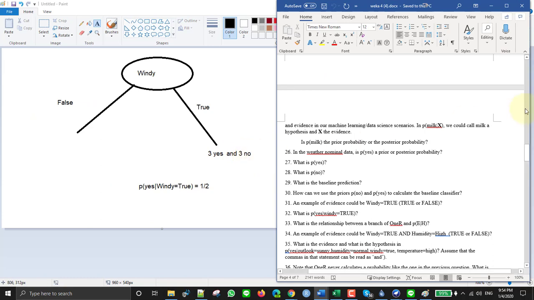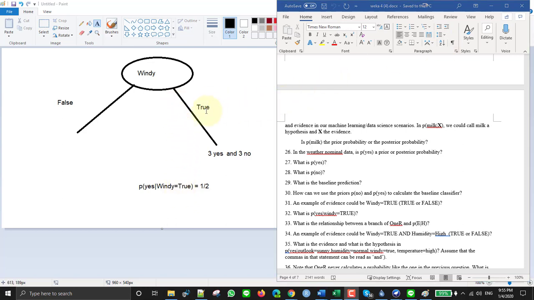Okay, now our question says, what is the relationship between a branch of 1R and a question like this? So, for example, what's the relationship between this question and the branch?